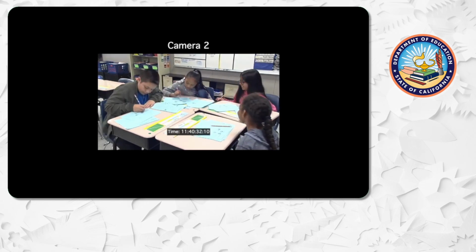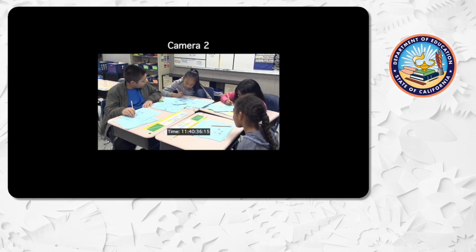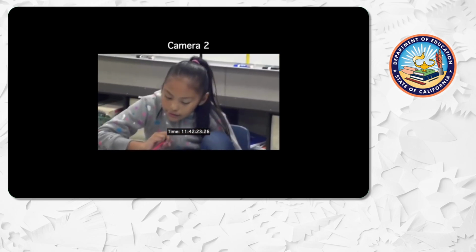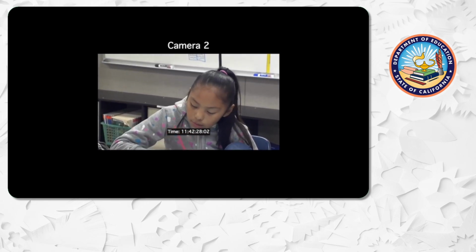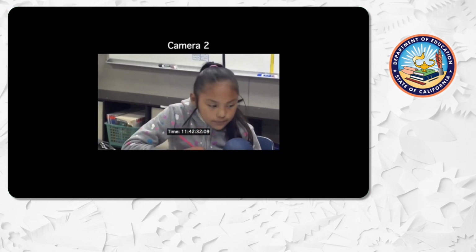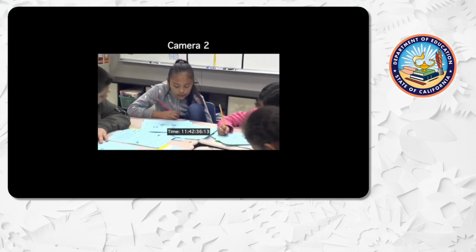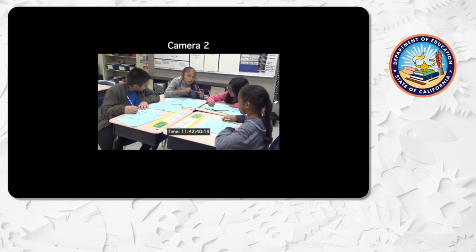So the next one for solar panels is, then the sun hits the panels and it converts it into electricity. So after the energy is being converted into electricity. After the energy is converted to electricity.